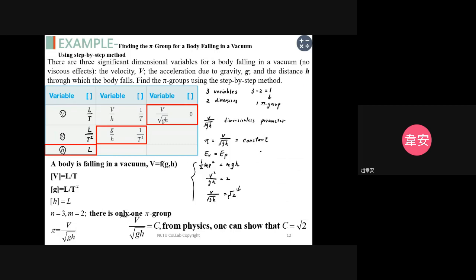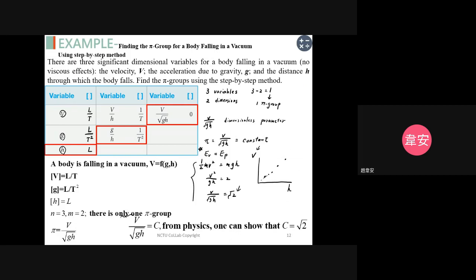But if we didn't know the basic idea of the energy balance, a simple way is to conduct a laboratory experiment. We measure the velocities, drop our ball from different heights, and measure different laboratory data points.